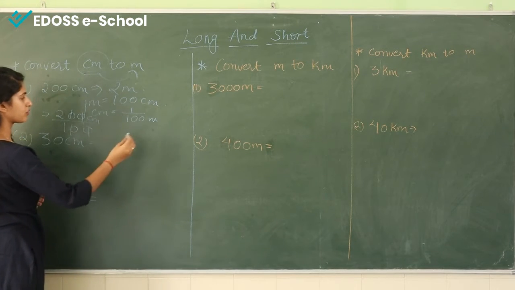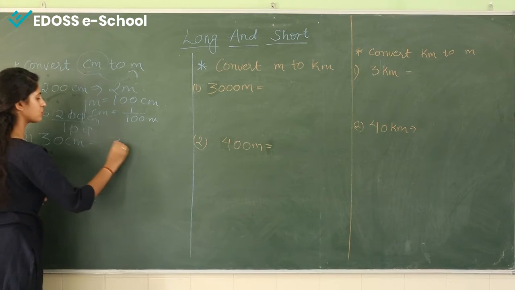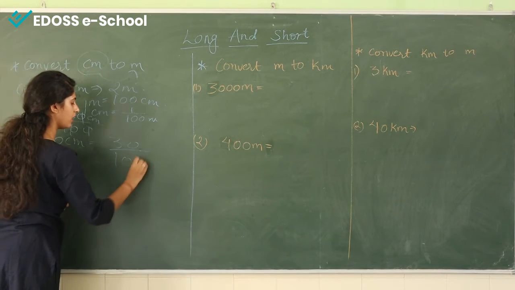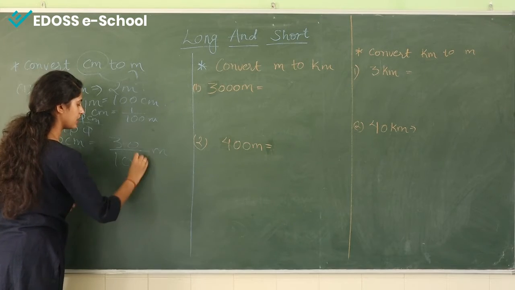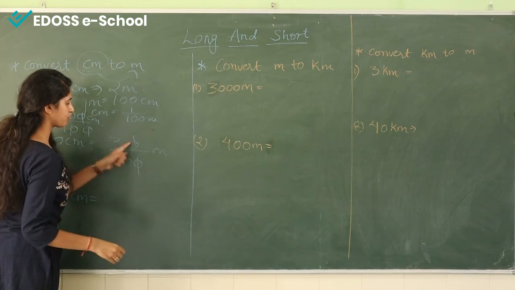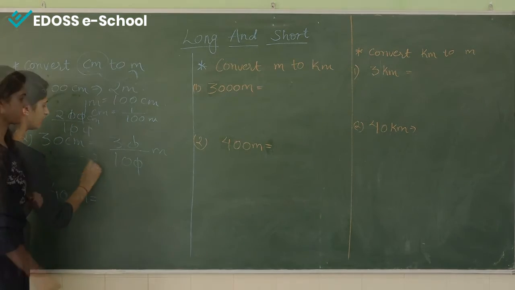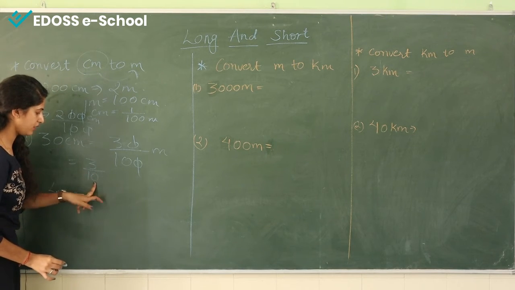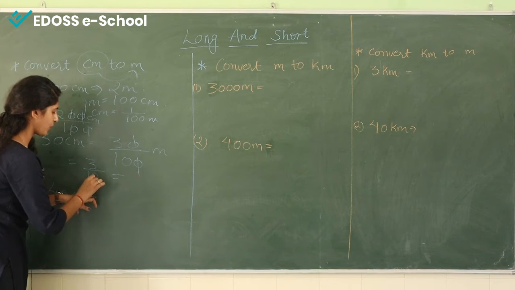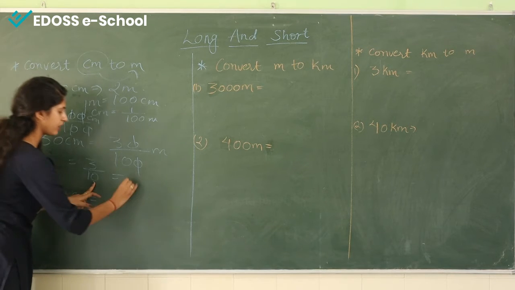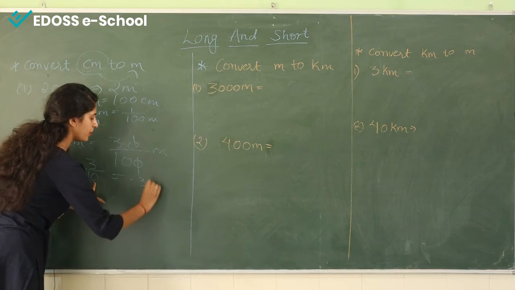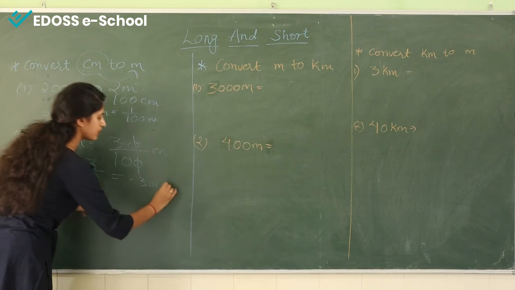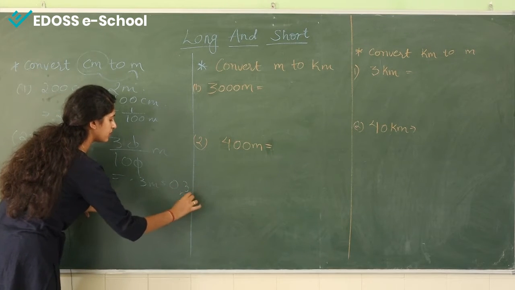Next is 30 centimeters. So 1 centimeter is equal to 1 upon 100 meters. So 30 upon 100 meters. We'll cancel 0 from 10 and here is equal to 3 upon 10. So here how many zeros are here? 1 zero. So the point will come before one digit, that is 0.3 meter.